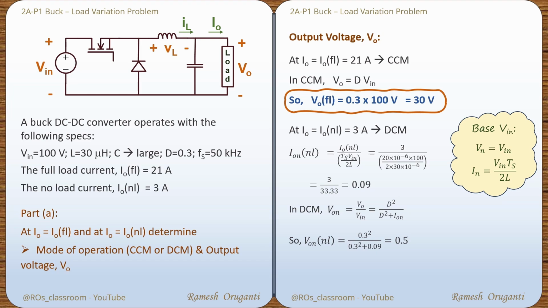So the normalized output voltage under no load conditions is 0.5. So the output voltage under no load condition is 0.5 times 100, 50 volts. So you can see that under no load conditions, when the operation changes to DCM, the output voltage shoots up to a higher value.